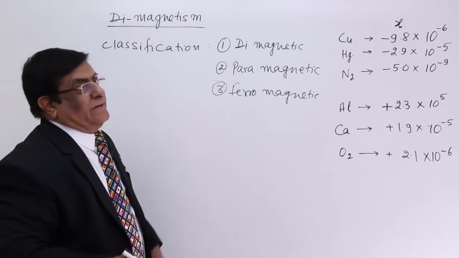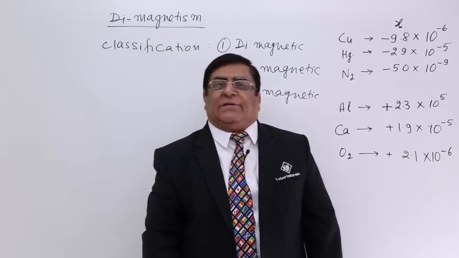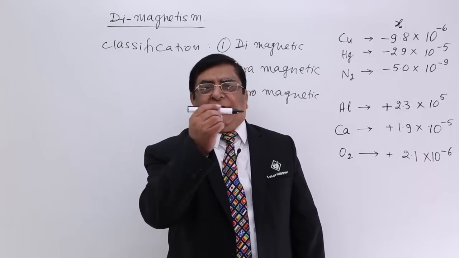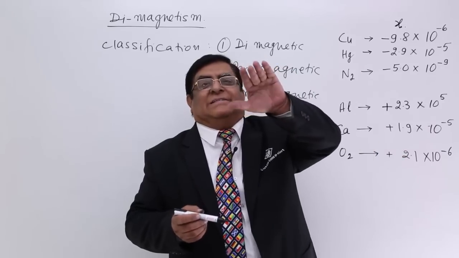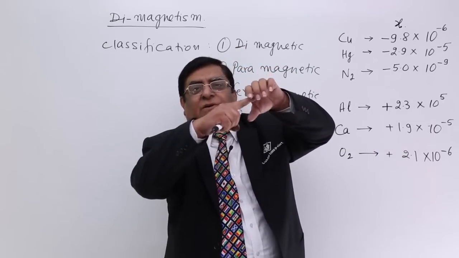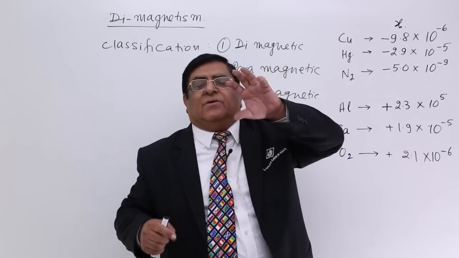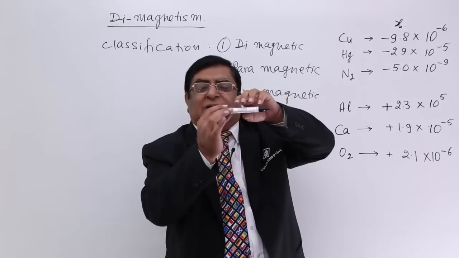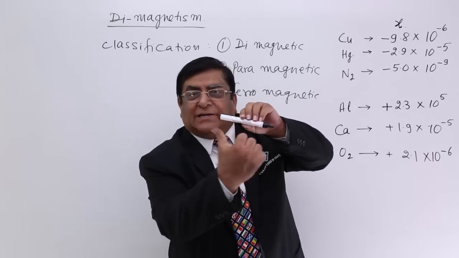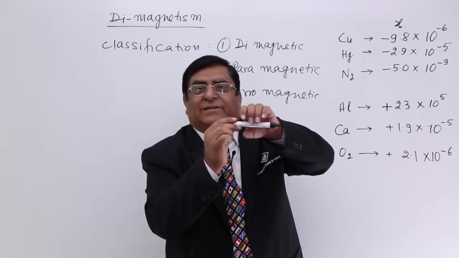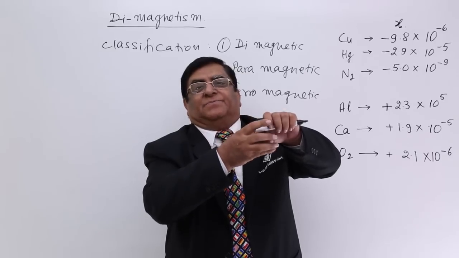And what is diamagnetism? Diamagnetic material is that material which, when exposed to a magnetic field, decreases its value. This is a magnetic field with a value of 100. I place the material here. In this, a negative magnetism develops in the opposite direction, and that decreases the total magnetism.